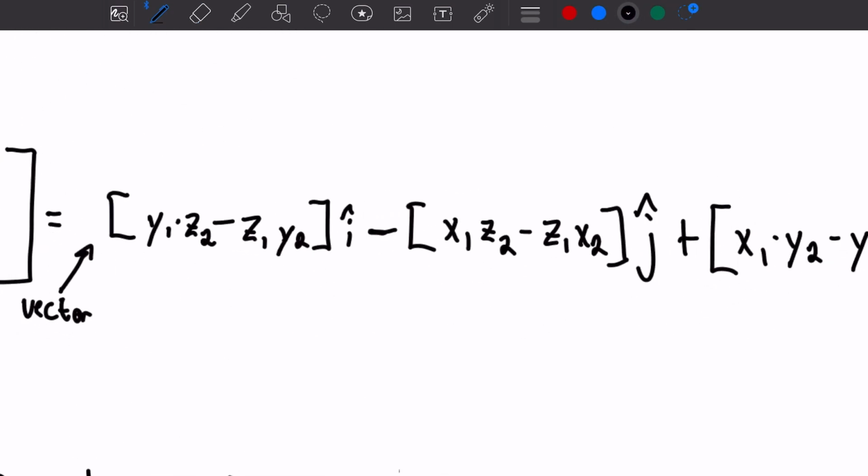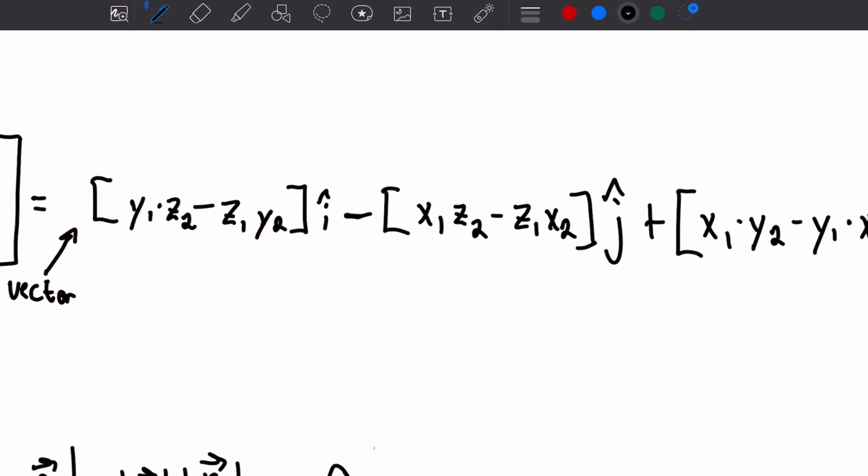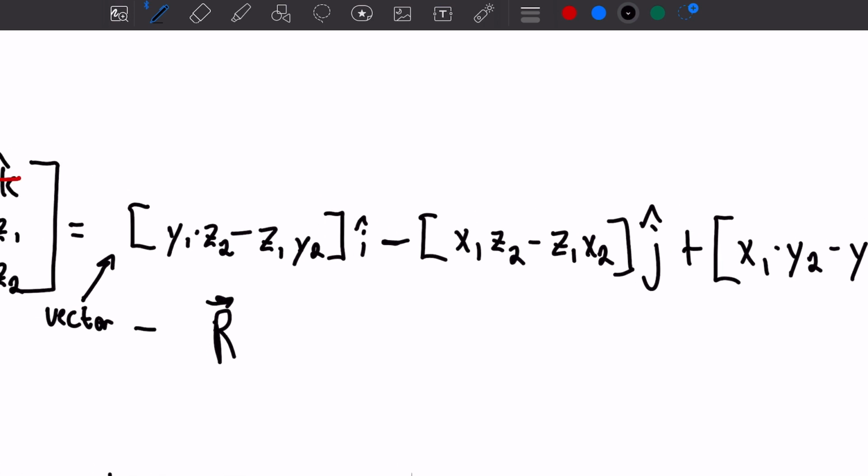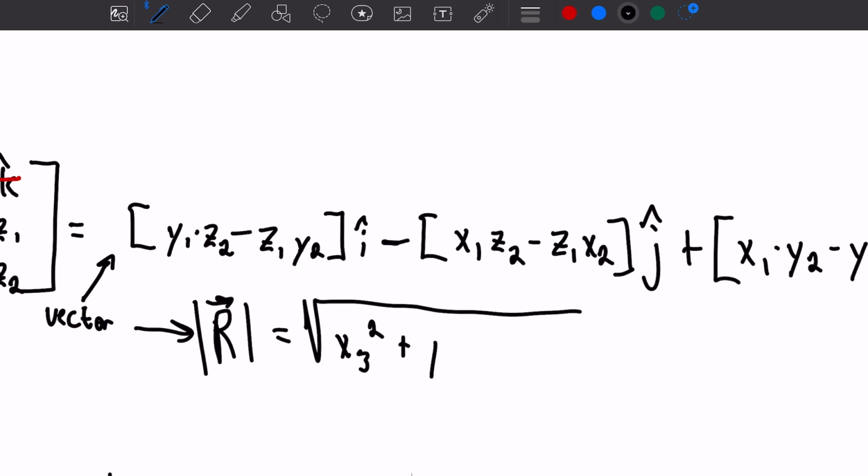And like I said earlier, you could technically convert this; we'll call this R vector, because again, this is a vector quantity. You could find the magnitude of this cross product by taking the square root of each of its components squared.